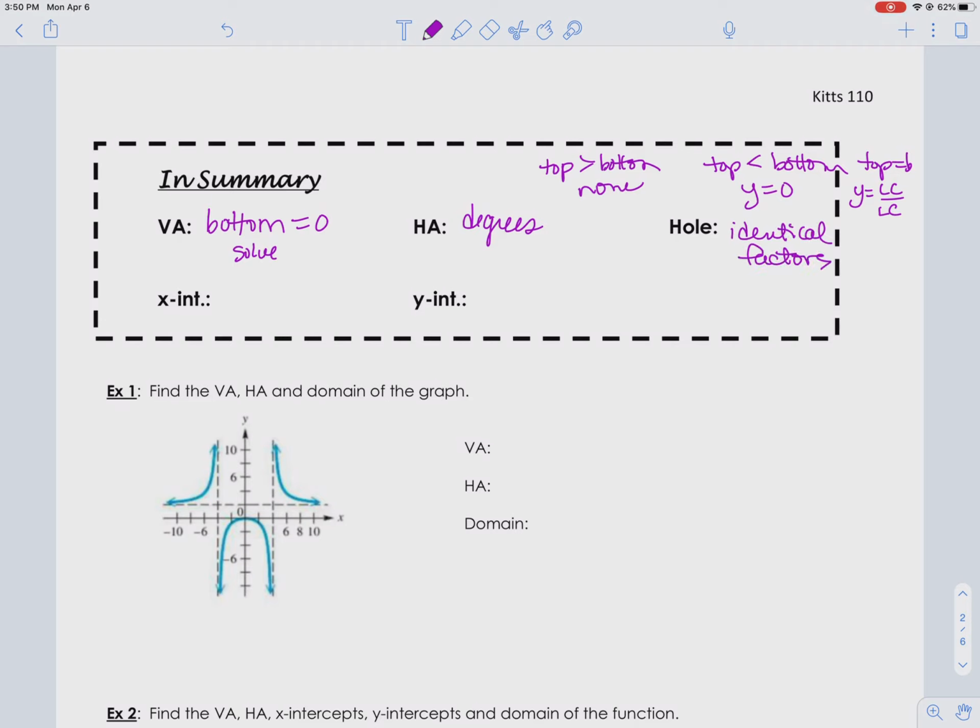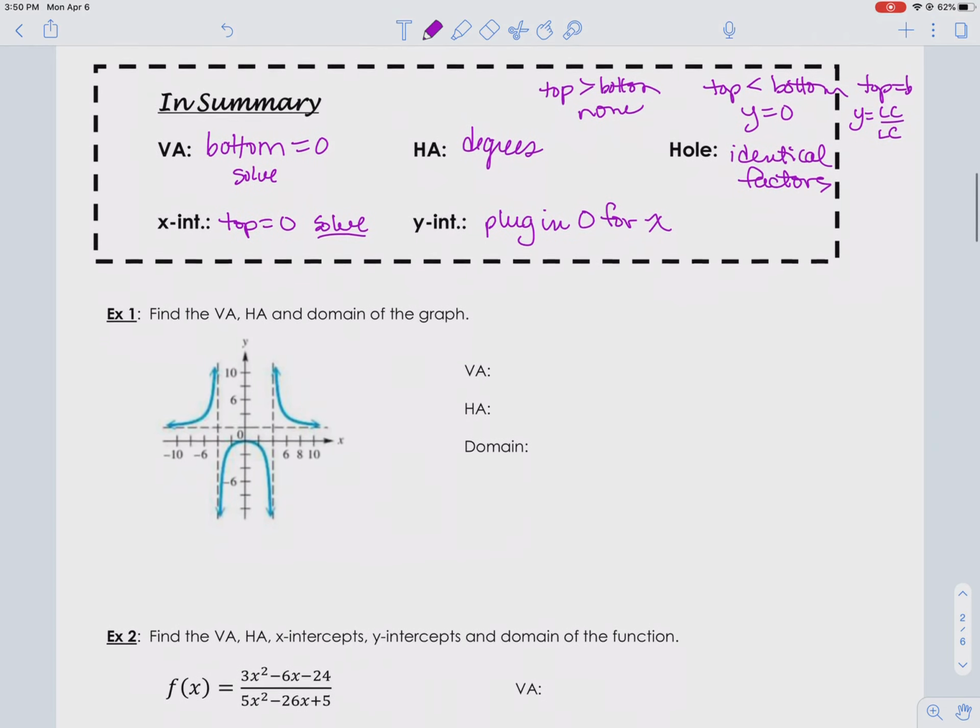For your x-intercept, remember, set your top equal to 0 and then solve. And for your y-intercepts, you're going to plug in zeros for x and then simplify it. Okay?